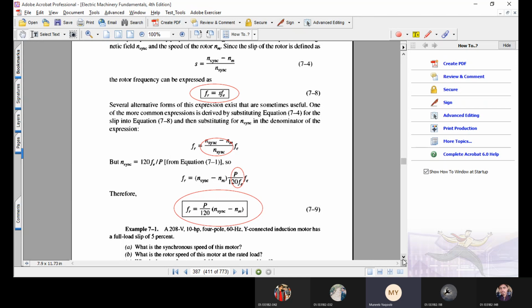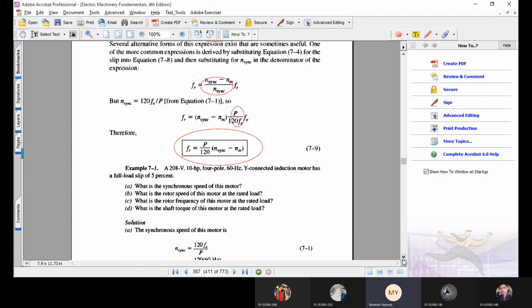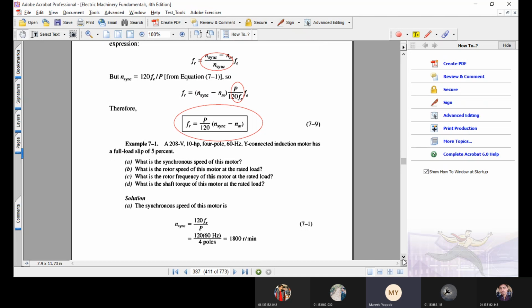Now coming to the first numerical of this chapter. They have given that the terminal voltage is 208 volts. The output power of the induction motor is 10 horsepower. The motor is a 4-pole motor, so the number of poles is 4.